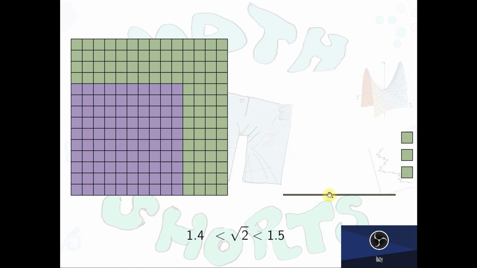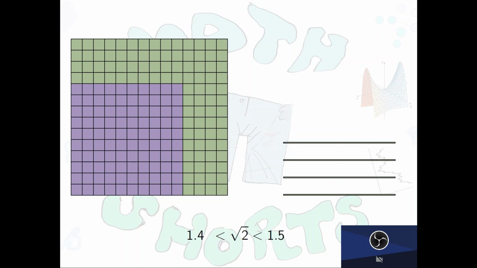This very, very narrow rectangle has the same area as that little square. And if I replace all 4 of the remaining squares with these little ones that are 1/100th of a unit wide, then I can go through the same process.